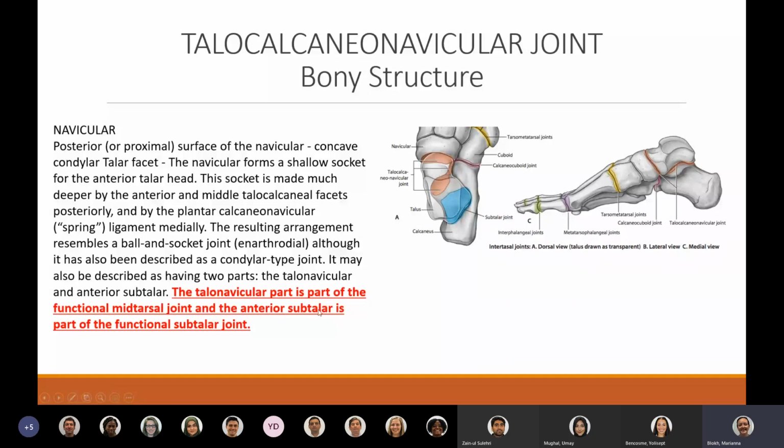The anterior subtalar, which is your anterior and middle facets, is part of the functional subtalar joint, remember, because that includes all three. And the talonavicular part is part of the functional midtarsal joint. When we talk about the talocalcaneonavicular joint, it's one unit because of the capsule. So they may ask about these components as well.